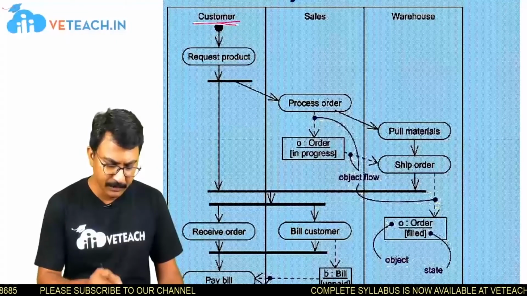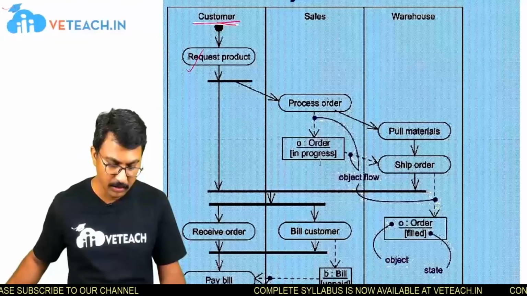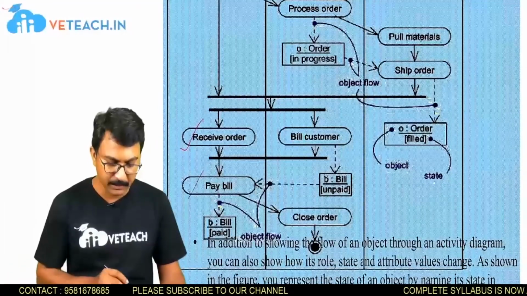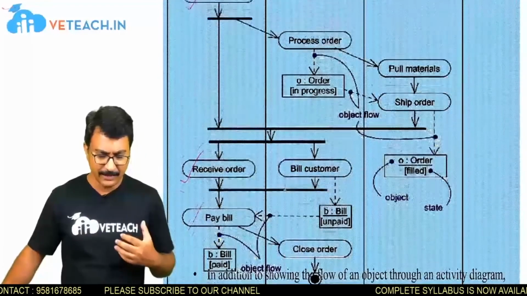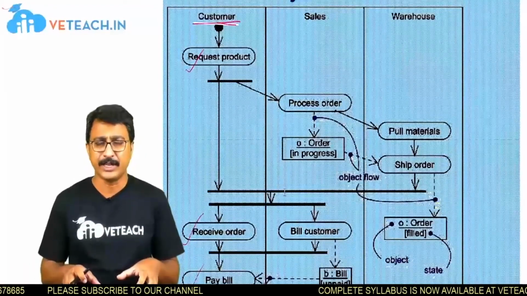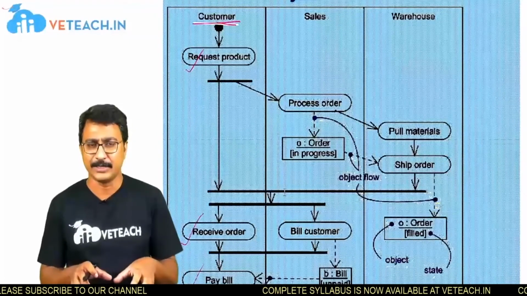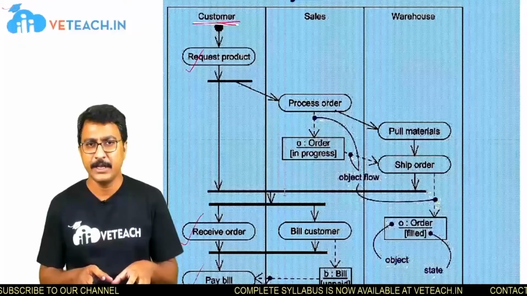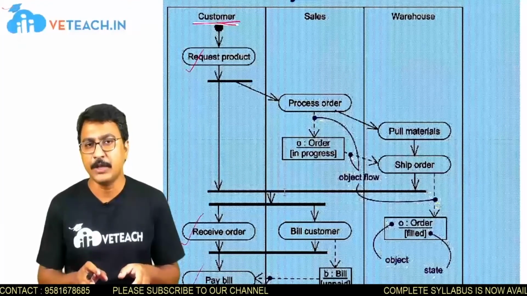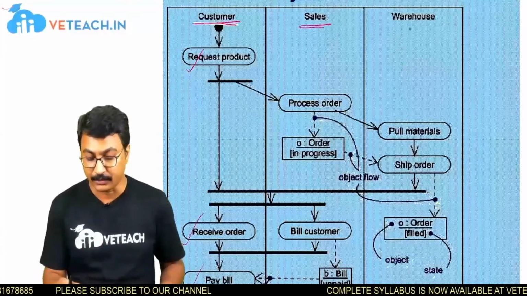The customer swim lane consists of the actions request protocol, request product, receive product and pay bill. In a sense, if there are a number of actions and activity states represented, all of those can be categorized into those which are being operated by those objects or the actors.